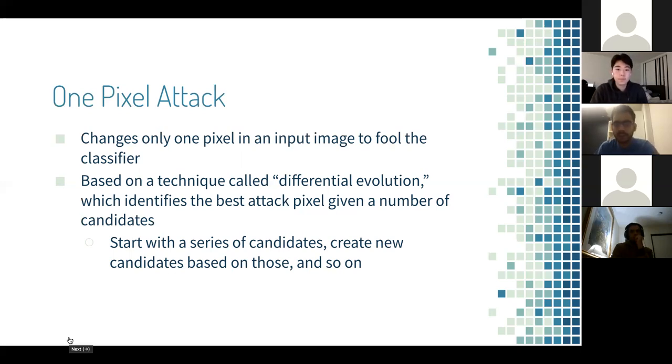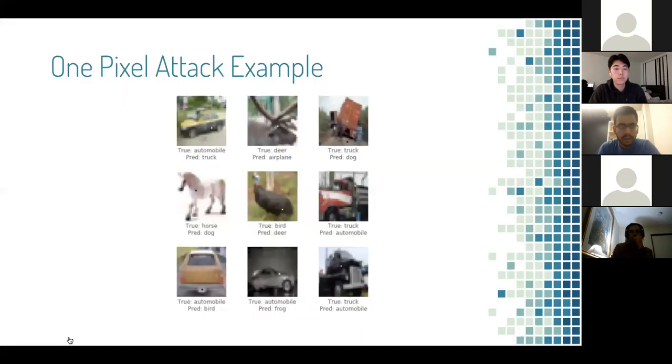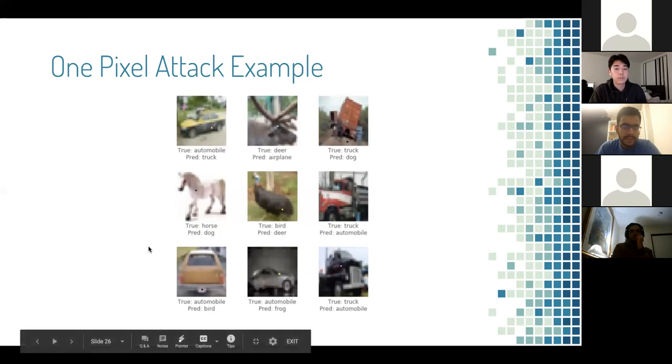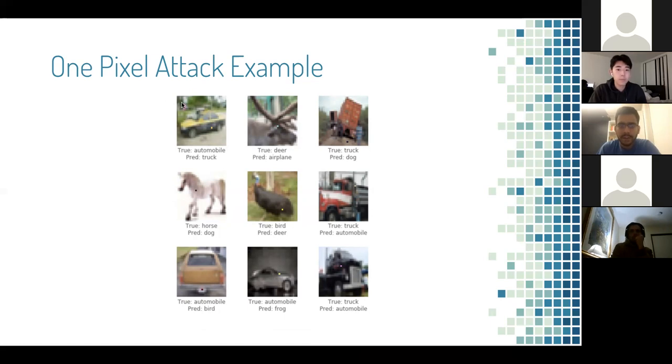I'm personally not too familiar with it, but it definitely seems like an interesting method to research going forward. Even this can give pretty good results, especially if the image quality isn't too great and you only have a few pixels. Just one pixel can change the class of the image. That's definitely pretty cool.